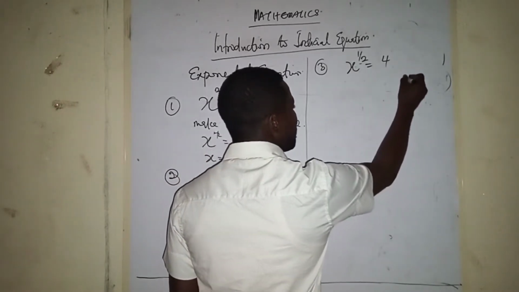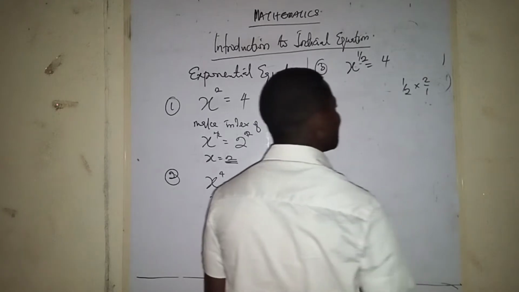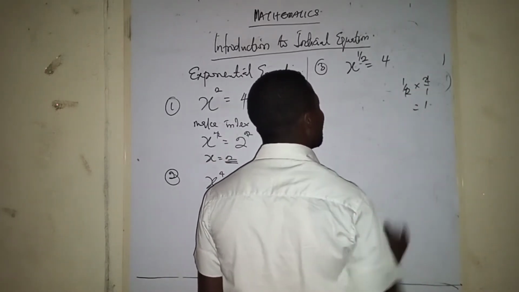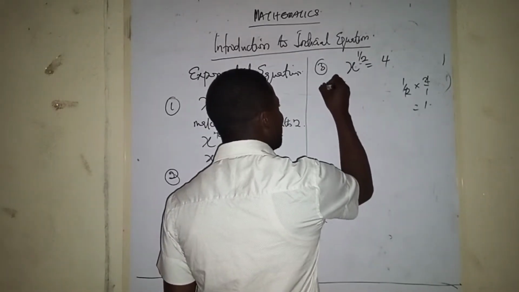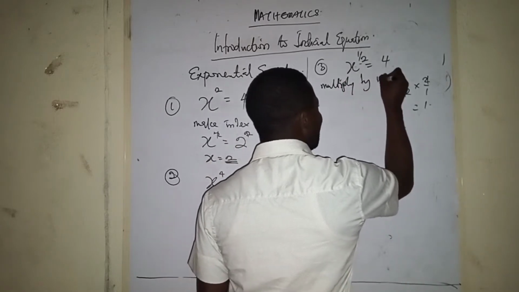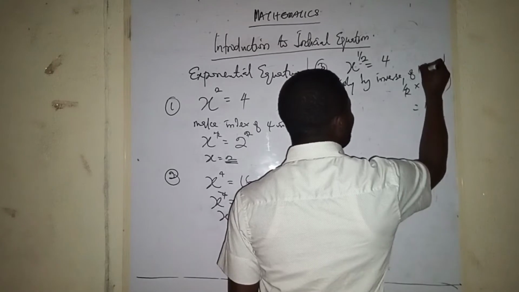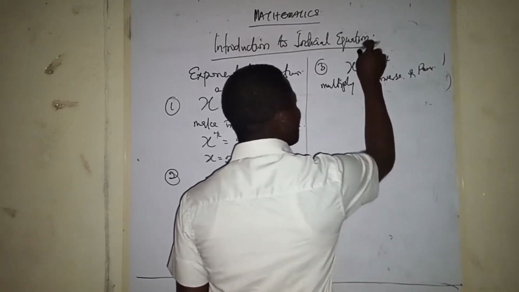Now, you have 1 over 2. If you multiply 1 over 2 by 2 over 1, the inverse of what you have, the 2 will cancel the 2, it becomes 1. So this one has been reduced. So what you have here, you multiply by the inverse of your power. In this case, we have 1 over 2.